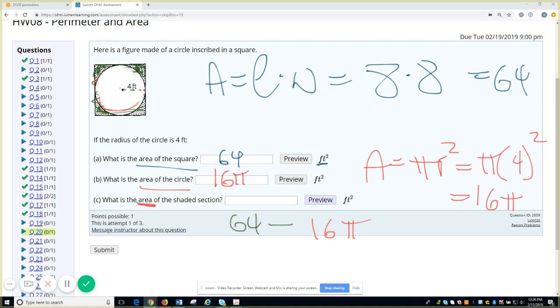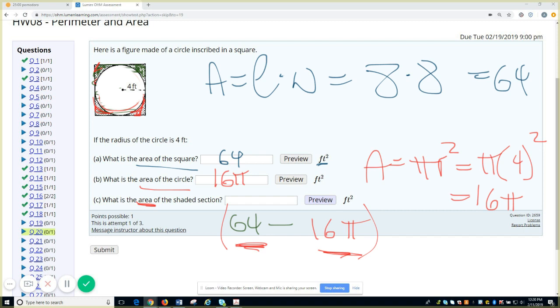When you subtract that amount out of the area of the square, what you're left with is just the amount taken up by those shaded little corners. And so that would be the expression, taking the area of the square and subtracting the area of the circle.